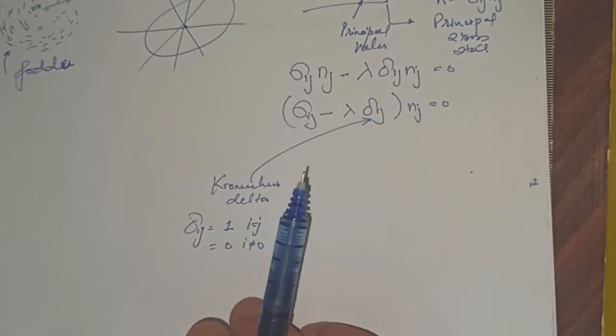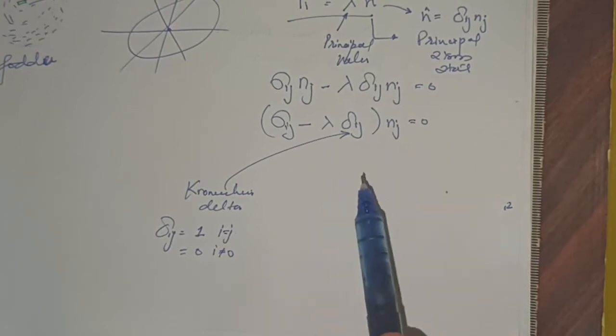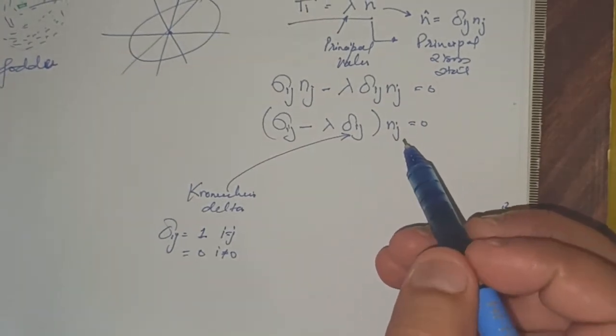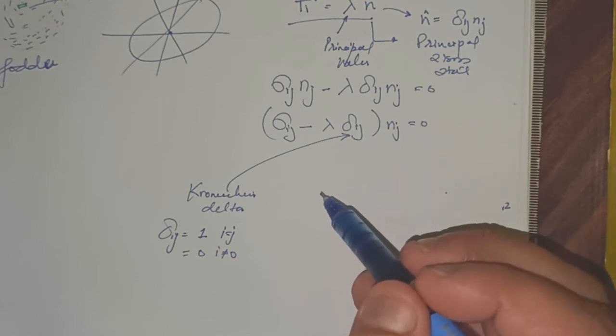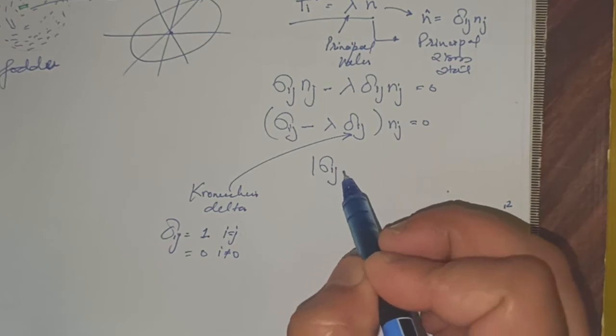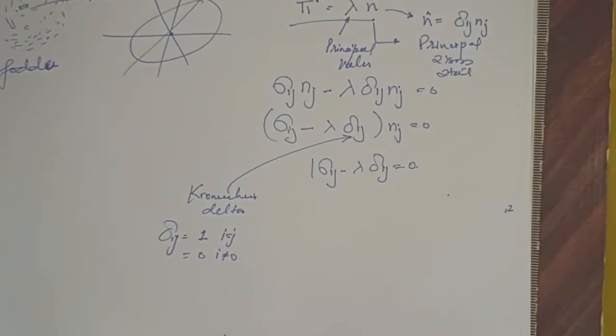Now this becomes a homogeneous system. In this homogeneous system, nj cannot be equal to 0. You know that the nj's are our primary values. For a non-trivial solution, the determinant of sigma ij minus lambda delta ij should be equal to 0.